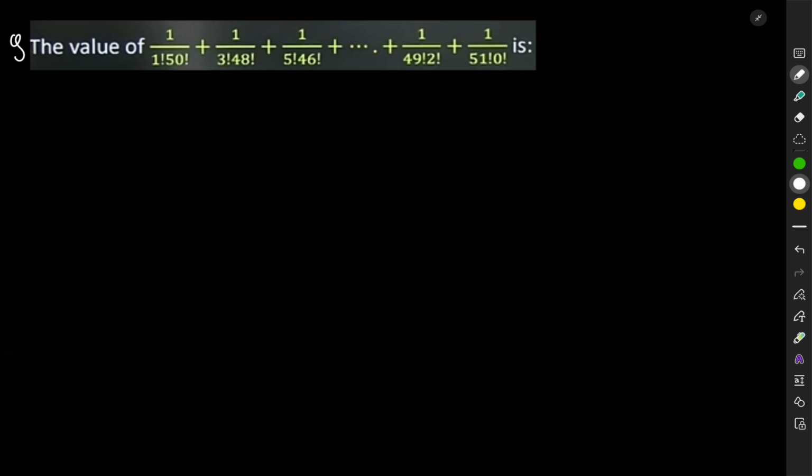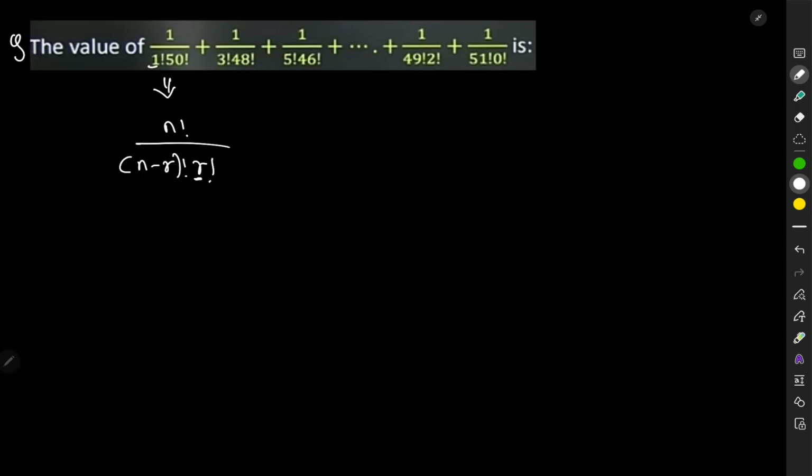So can I write this thing as n factorial by (n minus r) factorial, right? So yeah, you can see r is 1. So how did I come to this?